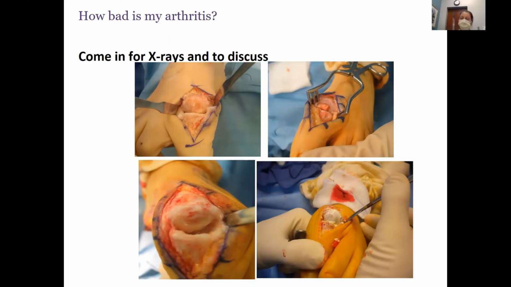So right here, we see a patient that has minimal cartilage changes. Once again, these are 4 of the same patients with similar symptoms. However, when we get in there at the time of surgery, we can see this patient here has relatively normal cartilage with some mild thinning.